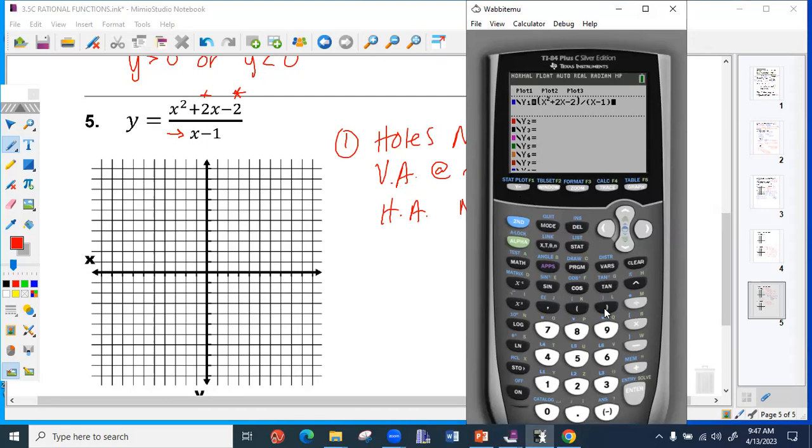It's weird, isn't it? Okay. So let's look at this bad boy. It's coming in. Oh, there we go. This is a rational function with what we call a slant asymptote. It is not part of our curriculum to find the slant asymptote, but this is called a slant asymptote.